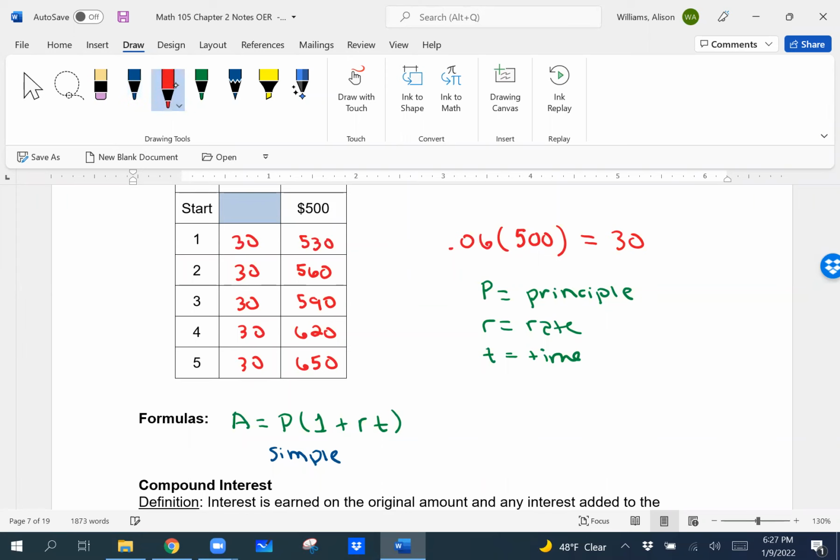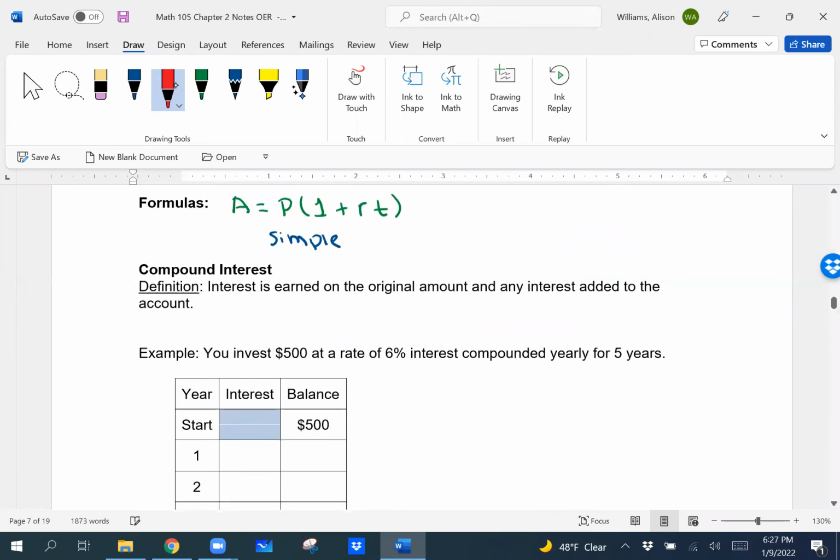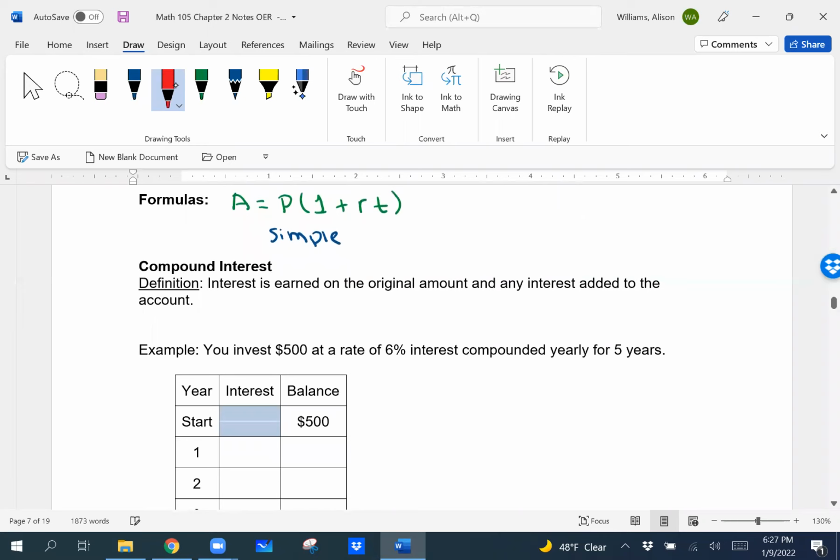So compound interest is interest that's earned on the original amount and any interest added into the account. So instead of just adding $30 every year, you're going to actually recalculate the interest at the end of the year. So first year is going to be exactly the same. You're going to take your 0.06 times 500, and that's going to give you 30. So you'll have $30 in interest and you'll have $530 at the end of the year. All right.